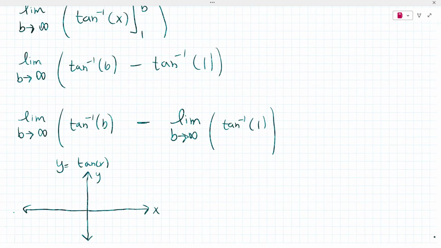You have a vertical asymptote at pi over 2, negative pi over 2. Then the other graph is, what does the tan inverse graph look like?